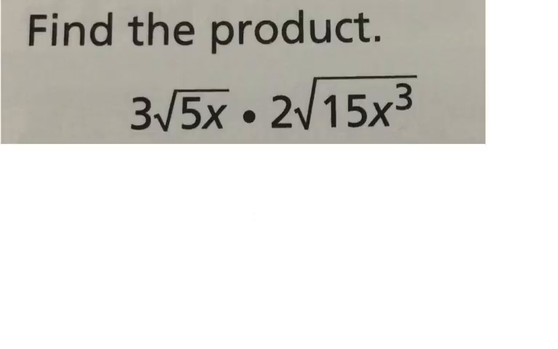All right, let's look at this. This tells me to find the product. A product is an answer to a multiplication problem. And you see they have the dot there telling us to multiply.